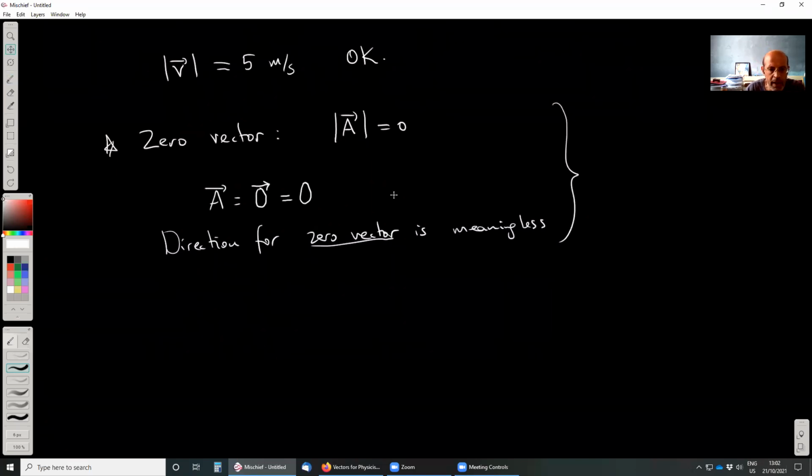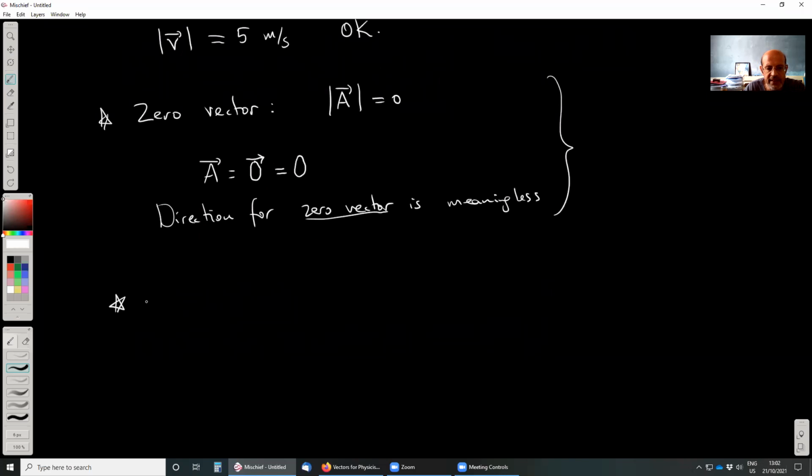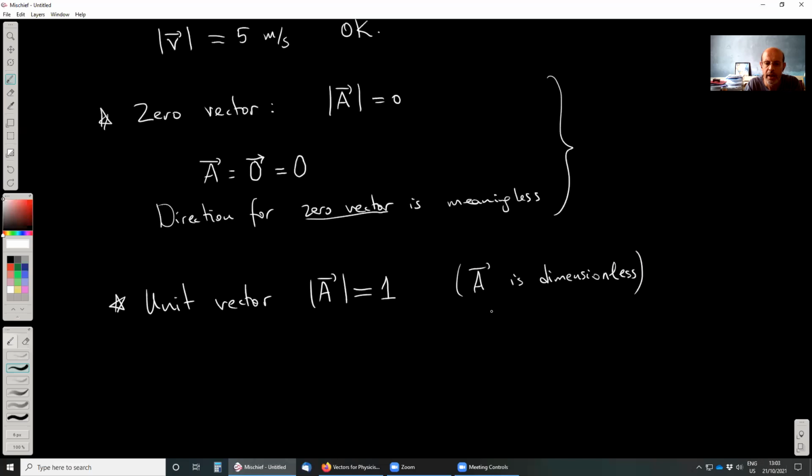And then we have the unit vectors, where the magnitude is equal to 1. Again, this is dimensionless. Basically, the vector itself is dimensionless in that case, because 1 is dimensionless. A unit vector is dimensionless.